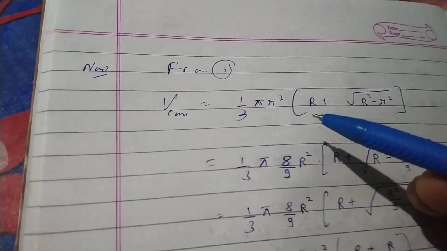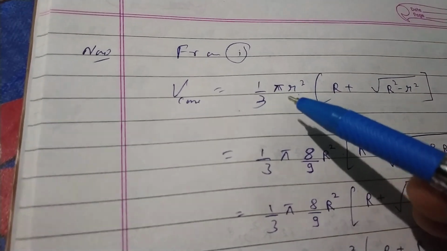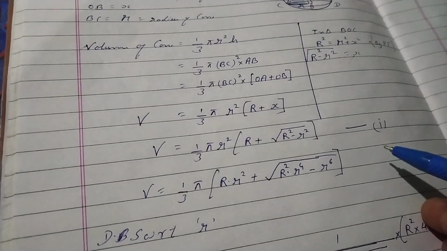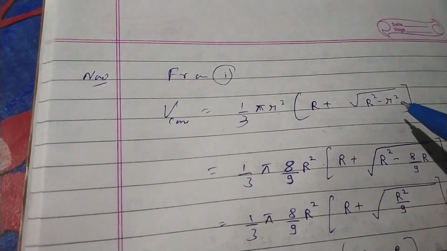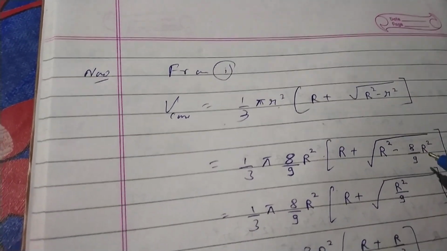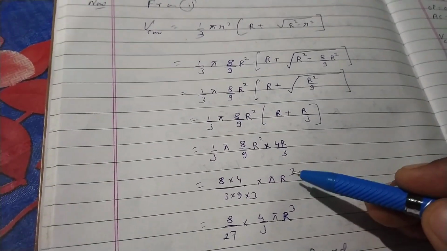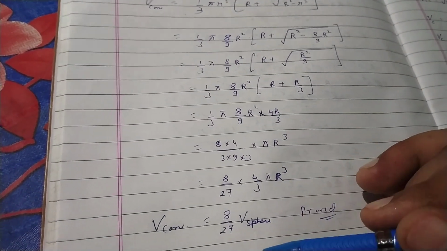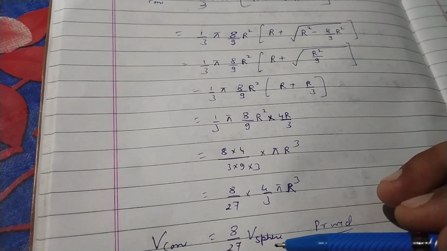Now we have to prove 8 by 27 of the volume of the sphere, volume of cone 1 by 3. This we have got from the last equation, that is equation number 1. In equation number 1 we will put the value of small r, and from here we can conclude that the volume of the cone inscribed in the sphere is 8 by 27 of the volume of the sphere.